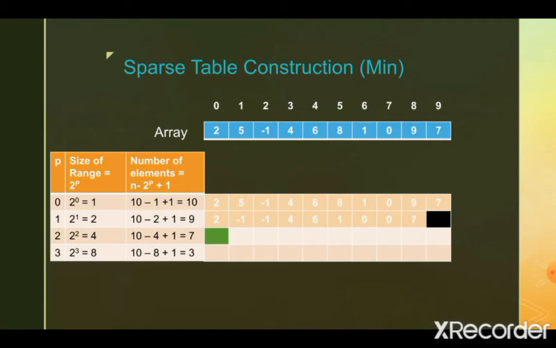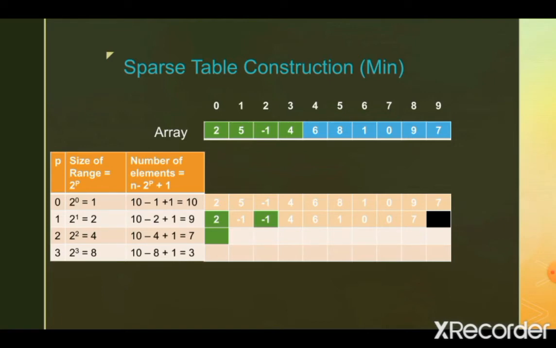Now let's see how we can compute the minimum of the first element in the third row, which corresponds to 2 to the power of 2 equal to 4. That is, it corresponds to a range of length 4. As highlighted in the figure, this element corresponds to a range from 0 to 3 inclusive in the original array. This entire range can be divided into two equal ranges of length 2. The first range is 0 to 1 and the second range is 2 to 3.